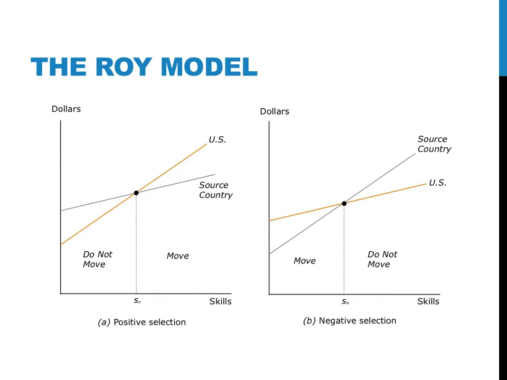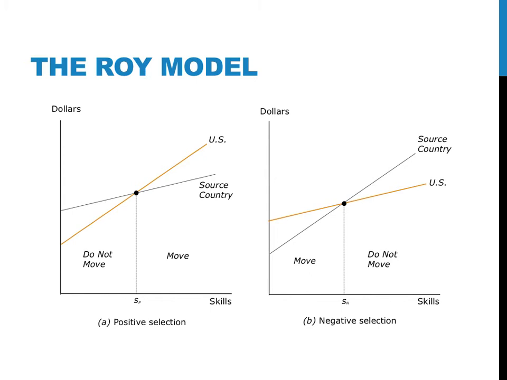So the Roy model is a model that can help us think about what type of immigrants we might see from different locations. So let's focus first on this panel to the left, which indicates positive selection. The two lines on this graph show the relationship between earnings as a function of skill. So the higher the slope, the higher the returns to skill.